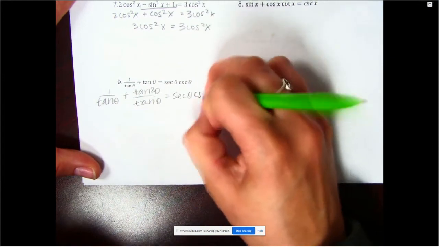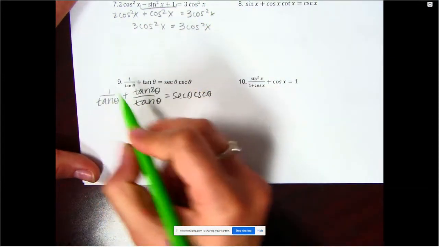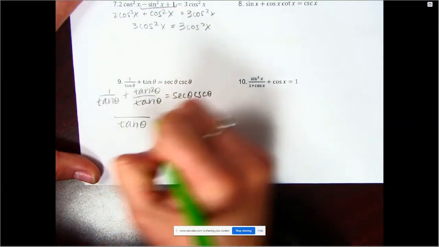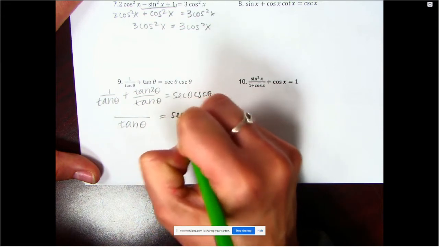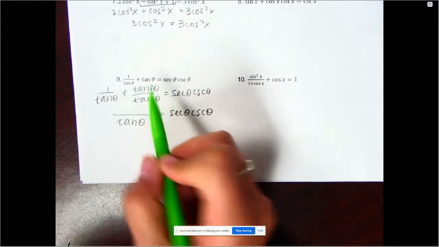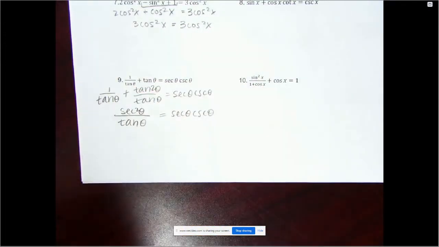Oops, forgot a C. Okay, so now adding these together, I'll have 1 tangent in the denominator. And then I can see from my Pythagorean identity, 1 plus tangent squared is secant squared.